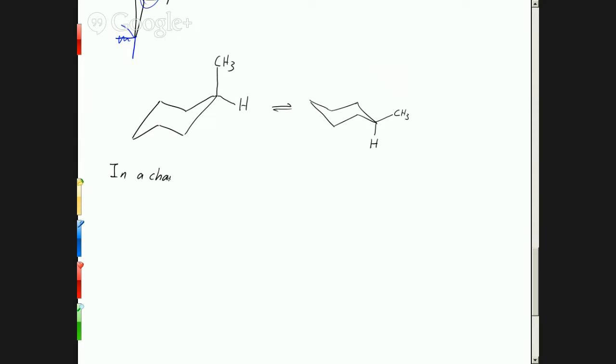So in a chair flip, up and down do not change, but axial and equatorial do.